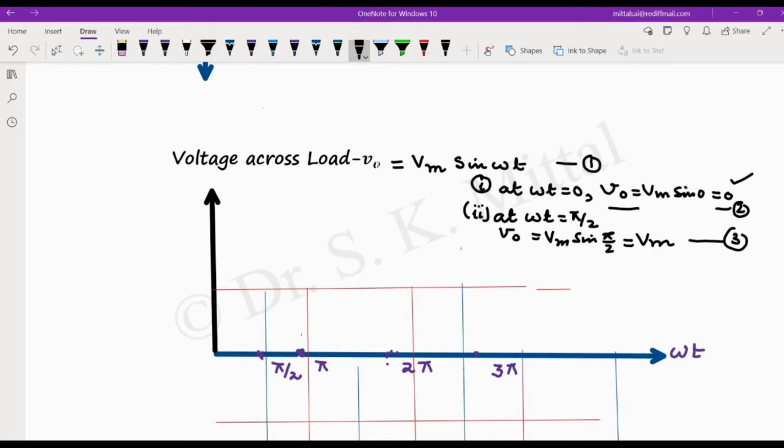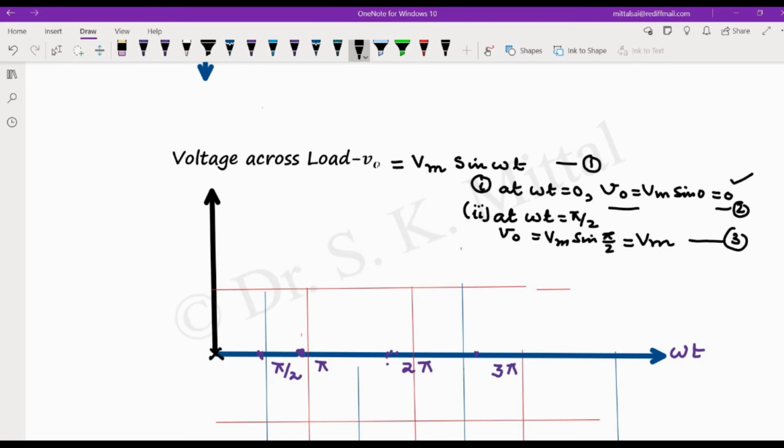Now we can draw the load voltage waveform by considering the 2 points given in equations 2 and 3. At omega t is equal to 0, the magnitude of output voltage is 0.